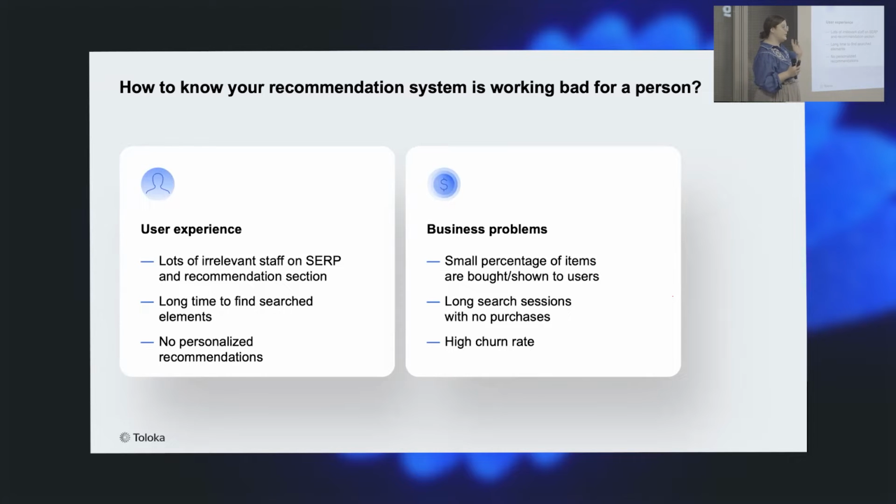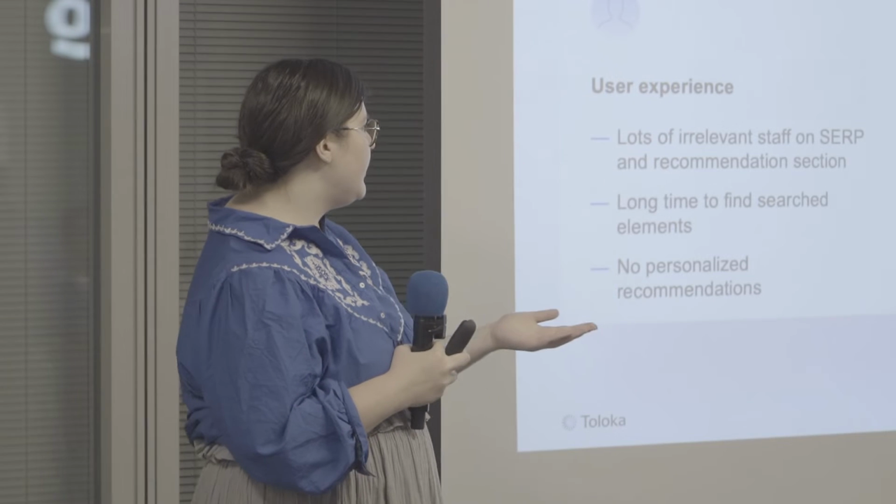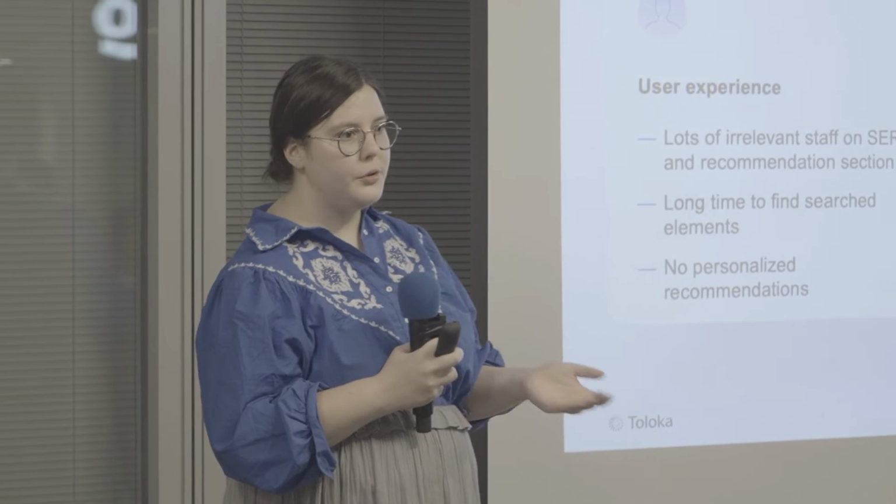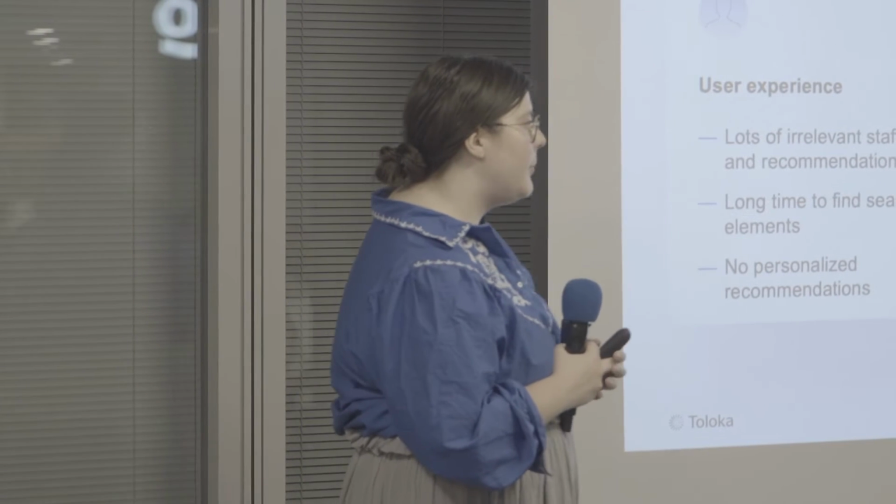Somebody is looking for a Galaxy Note, and instead of that gets some nail polish because it's number 10. Also a long time to find search elements, and a high churn rate of users.